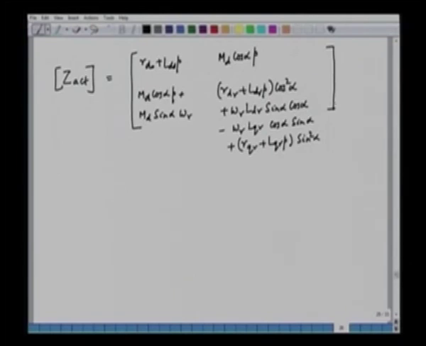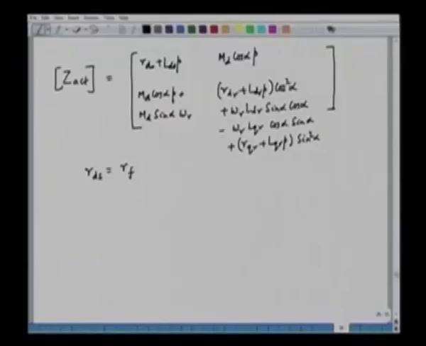Now we can replace RDS by RF, the field resistance. RDS is the field winding resistance. The D axis stator is basically the field winding. So RDS is equal to RF and LDS is equal to LF. RDR equal to RQR, that's equal to RA.